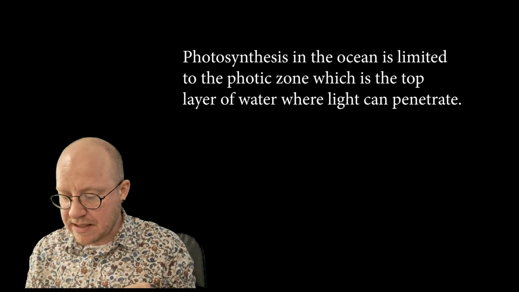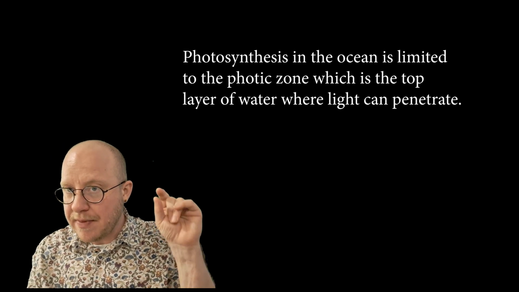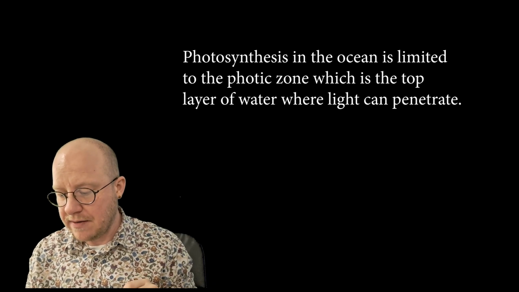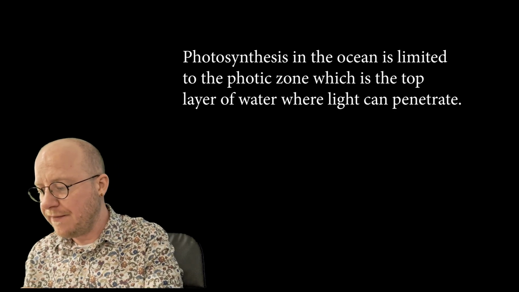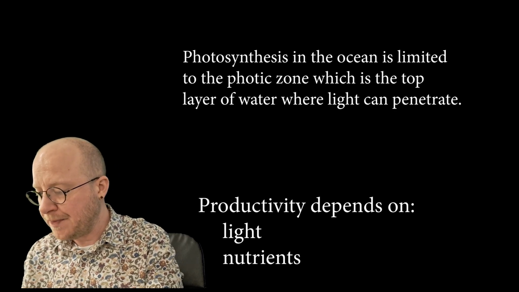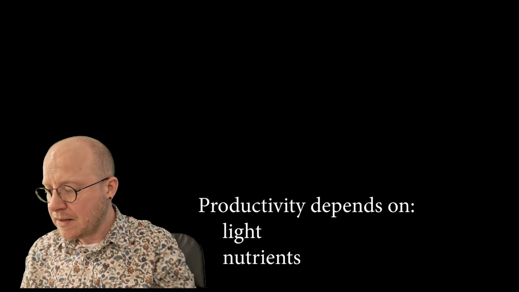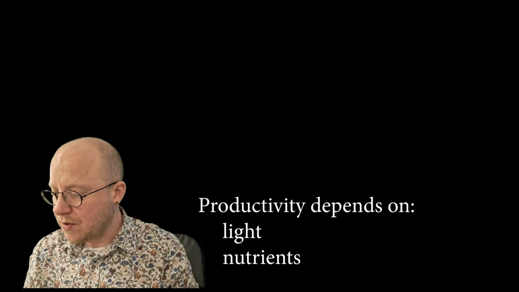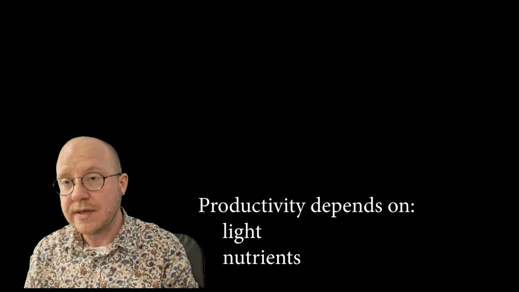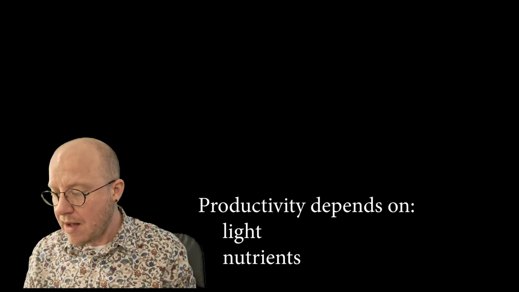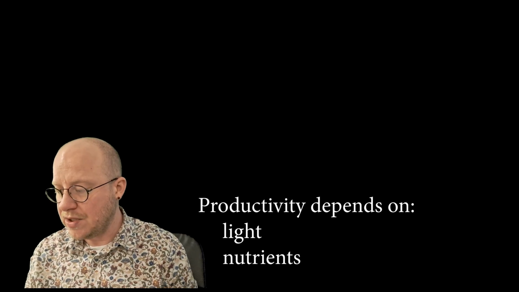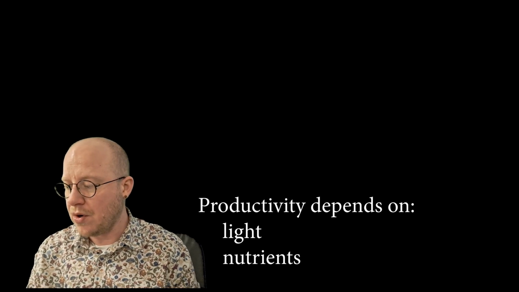And photosynthesis is largely restricted to the upper light-penetrated layer of the ocean, which is called the photic zone. So the highest productivity tends to occur near coastlines or in shallow seas where upwellings and nutrient enrichment of surface waters occurs.